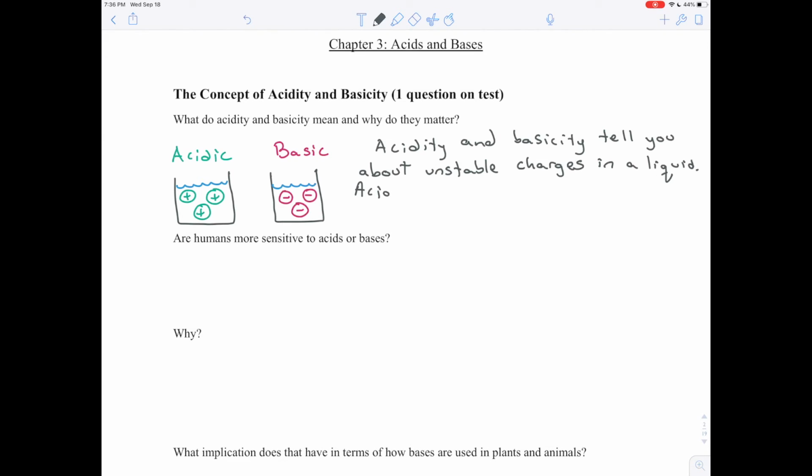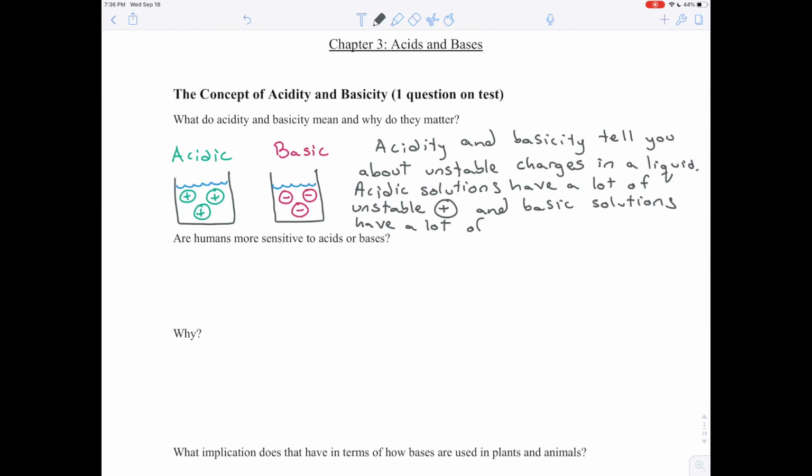Acidic solutions have a lot of unstable positive charge. And basic solutions have a lot of unstable negative charge.